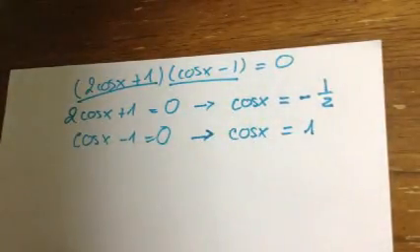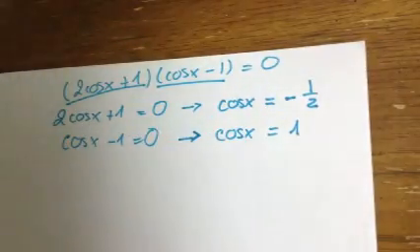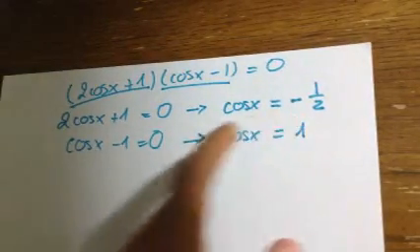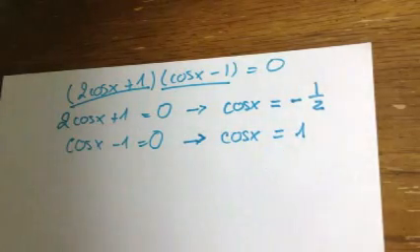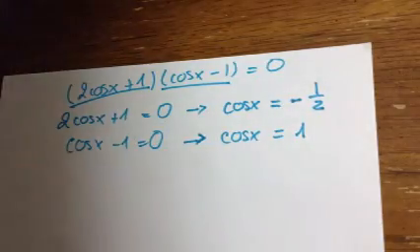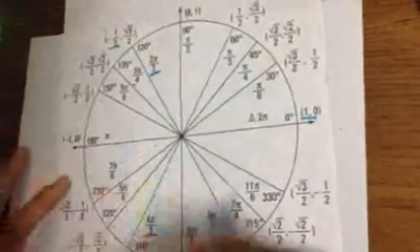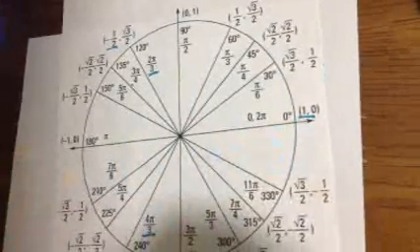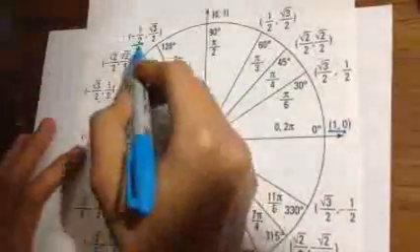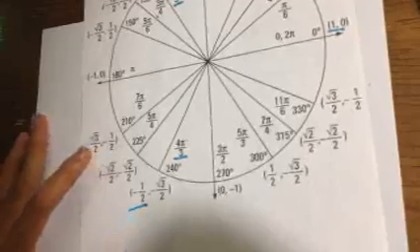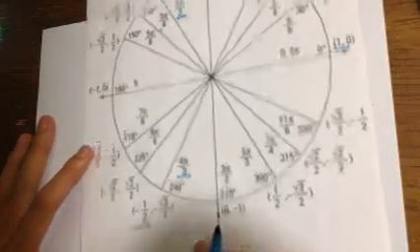Okay, so now we can find our solutions of cosine of x equals negative 1 over 2 and cosine of x equals 1. On the unit circle from the interval 0 to 2 pi, we can see we only have 2 places where cosine of x equals negative 1 over 2.